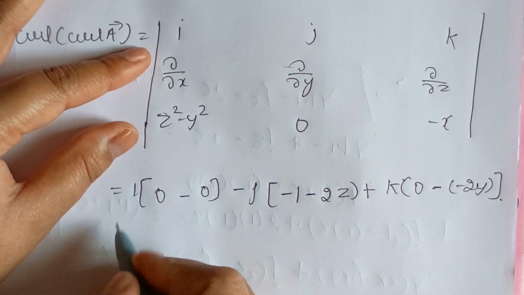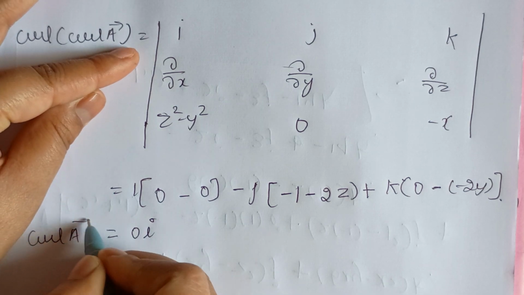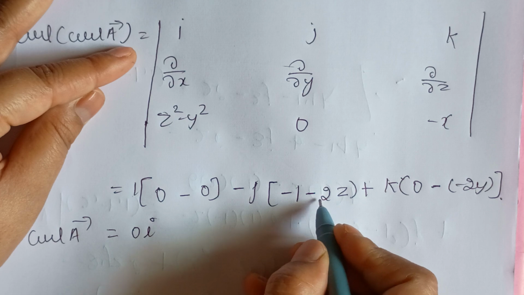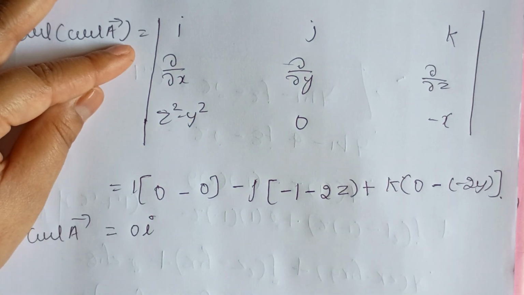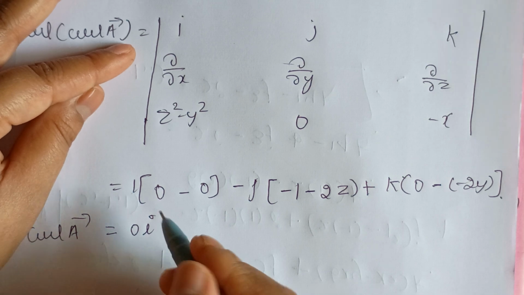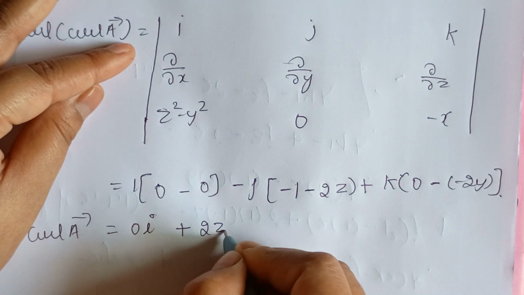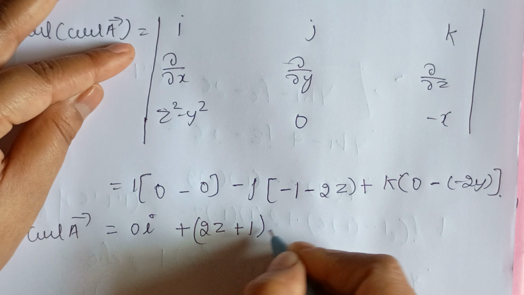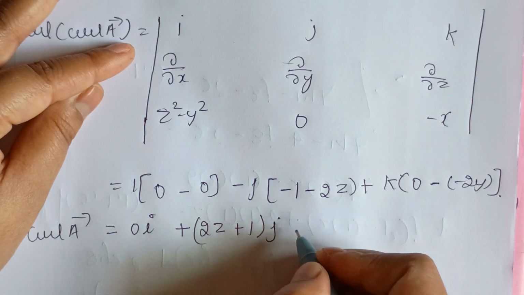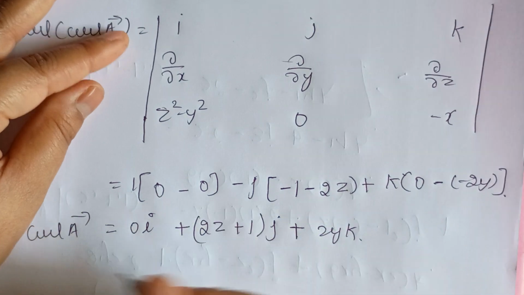Done. Now 0i, and for the j term, minus into minus, I'll just multiply this minus inside. So I will have plus 2z plus 1j plus 2yk.